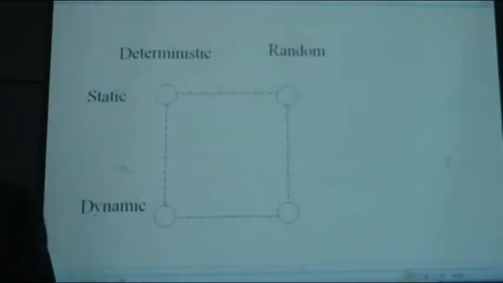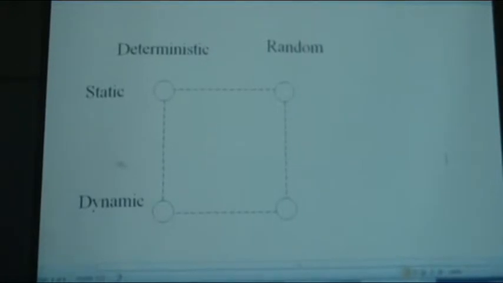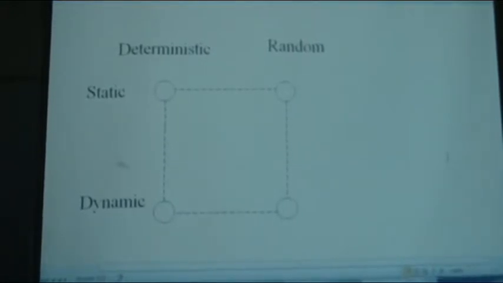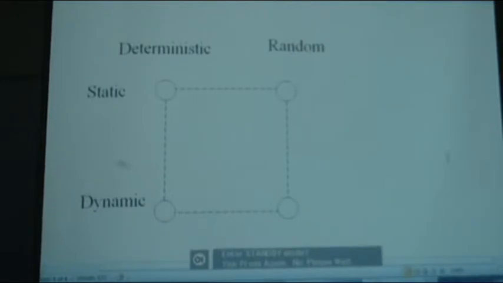Okay. So this was the introduction, and what we're going to cover today as new material is equations of motion, how to derive equations of motion of systems with 1 degree of freedom.